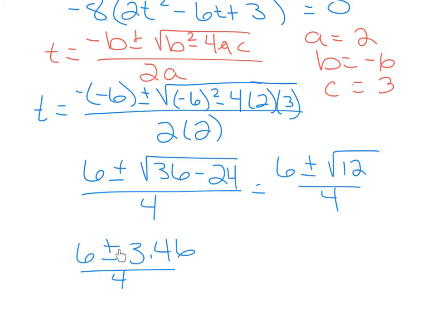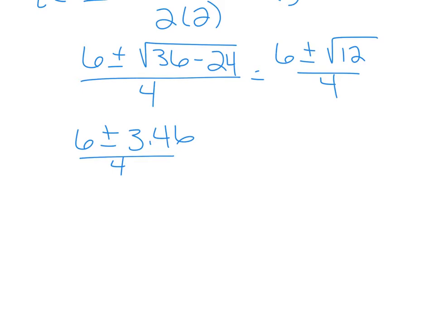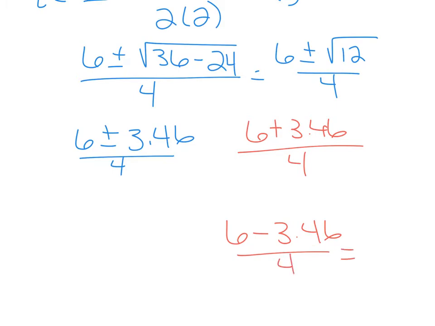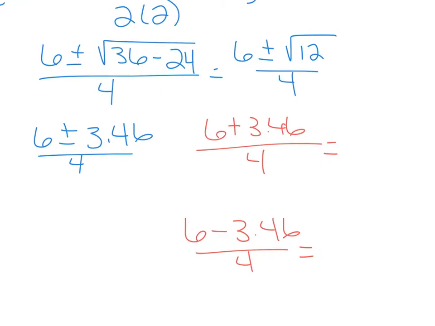Split this plus or minus into two different expressions, one with plus, the other with minus, and you have 6 plus 3.46 over 4 and 6 minus 3.46 over 4. You could put both of those into your calculator. They turn out to be 2.37 and 0.64.